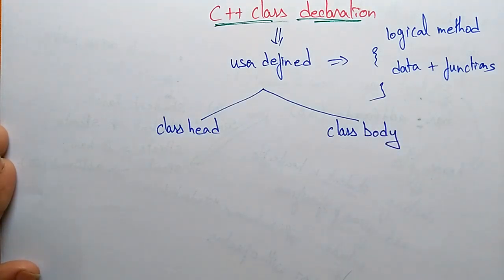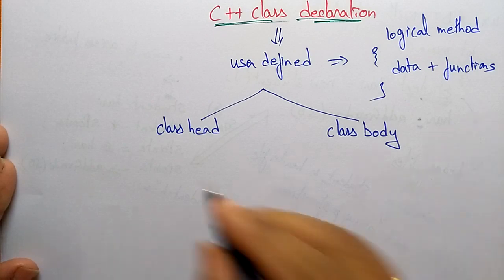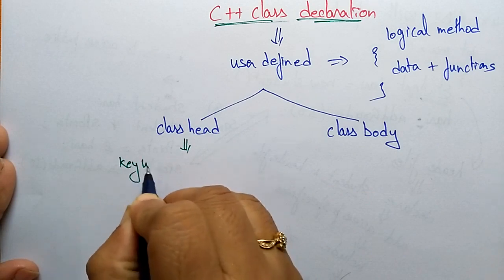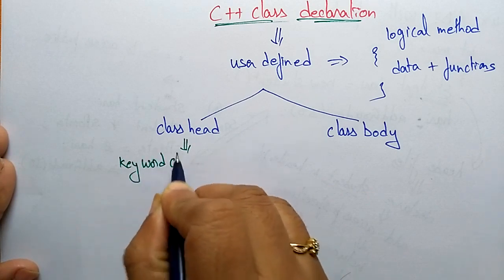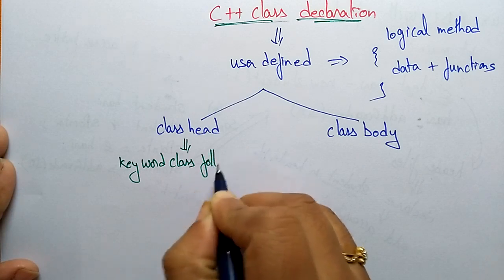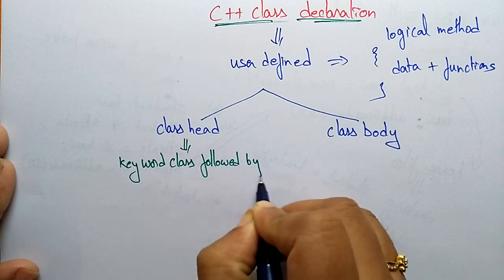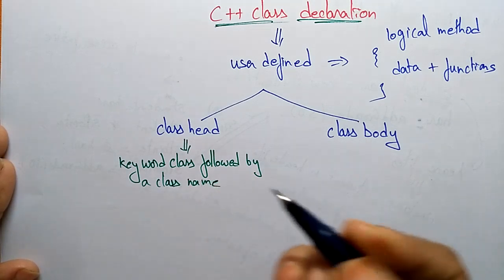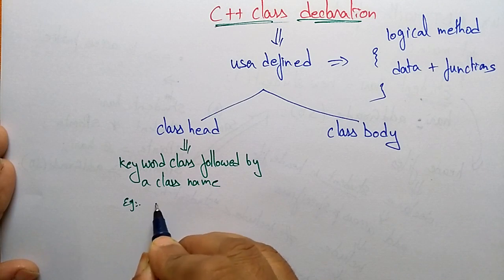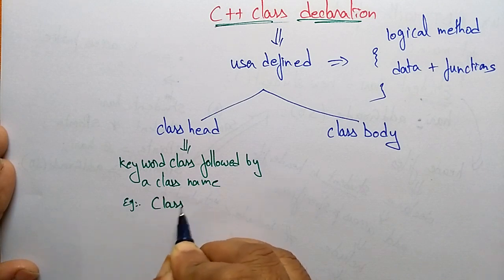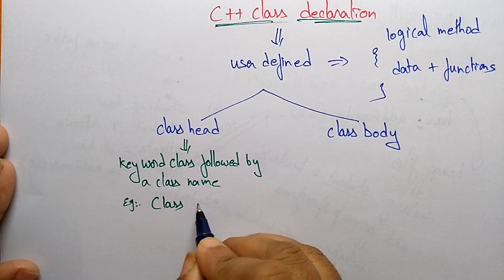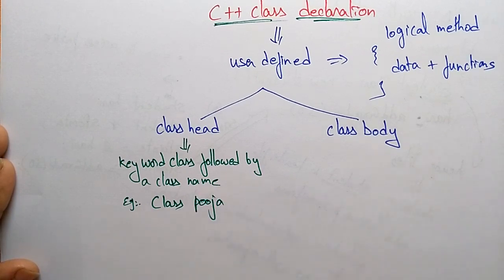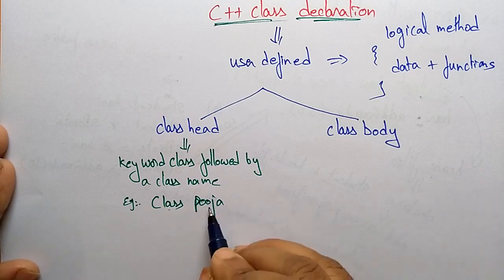Class head means a keyword class followed by a class name. Okay, so that is a class head. For example, class is a keyword followed by a name, suppose Pooja. So here this is the class keyword and the class name.